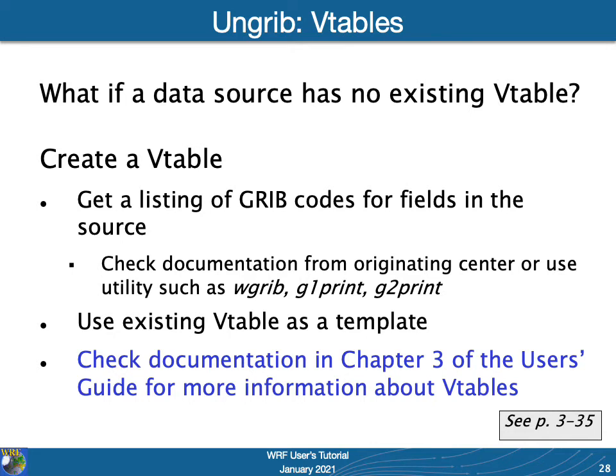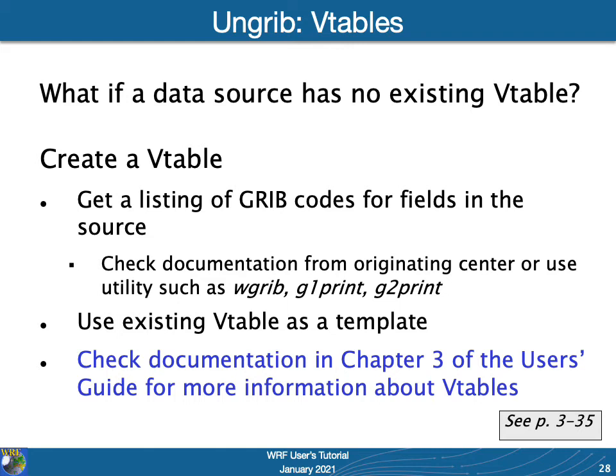So if you intend to process a source of Grib data for which we don't already provide a vtable, what do you do? In this case, you'll essentially need to create your own vtable, and the easiest way to go about this is to first get a listing of all of the Grib codes for the fields in this file, and this information should be given to you by whoever produced the Grib file.